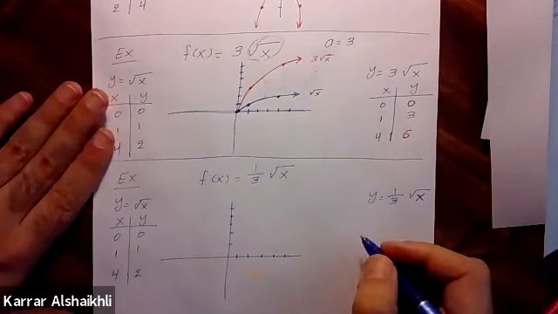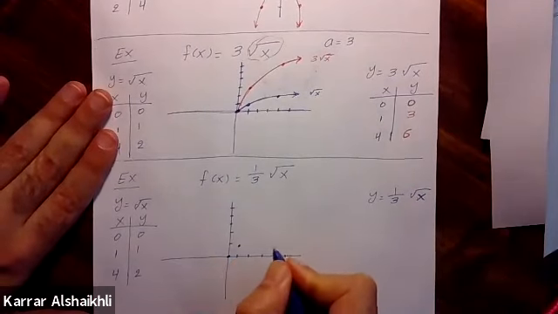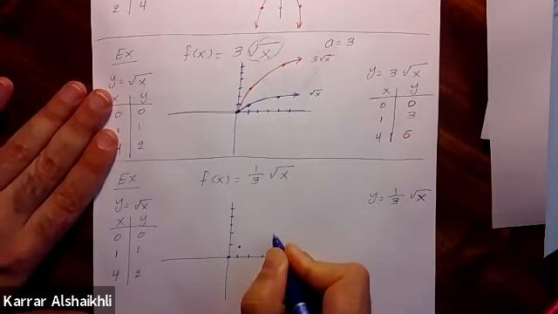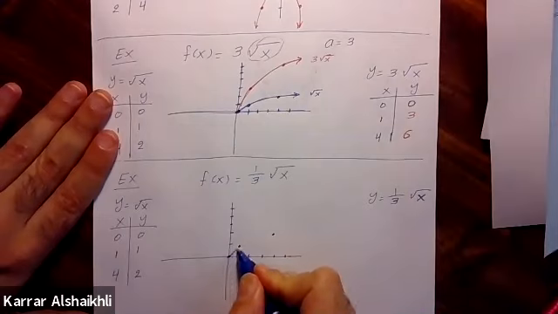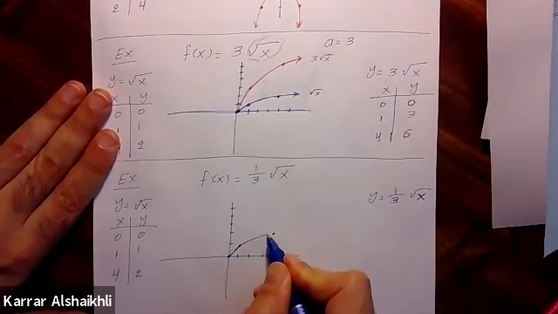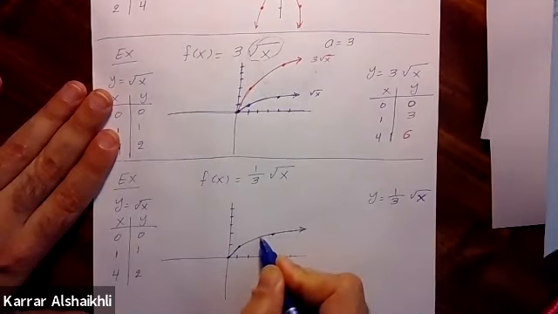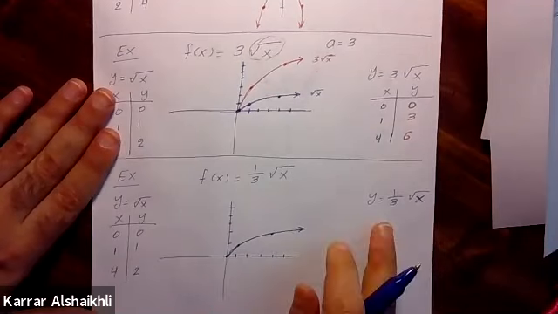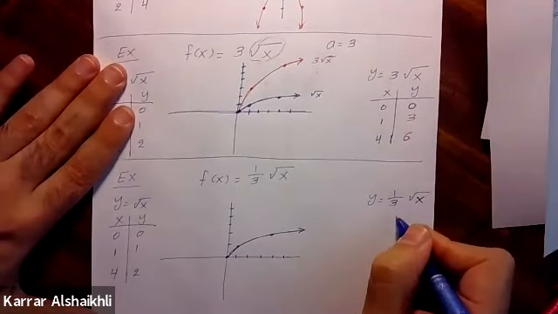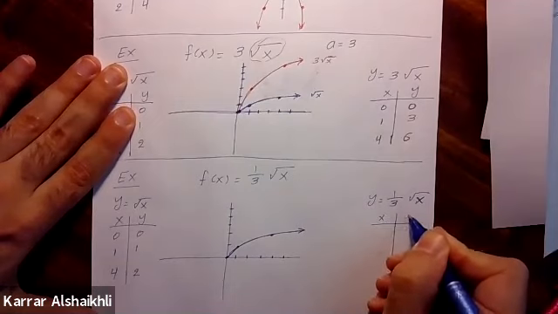So now let's grab the parent function 0, 0, 1, 1, and 4, 2. I just make it wider than this one. So this is the parent function. Now let's grab this one. We're going to do the table. x, y.